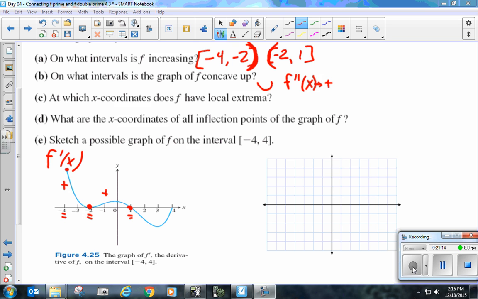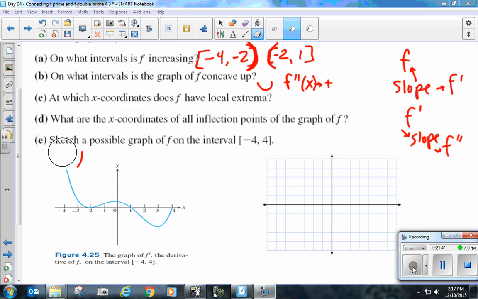So, if I have a function, the slope of this is f prime, the first derivative. You always take a derivative to get the slope. So the slope of f prime is going to tell us f double prime, the second derivative. When I look at this, again, this is the first derivative. I want to know where it's concave up.